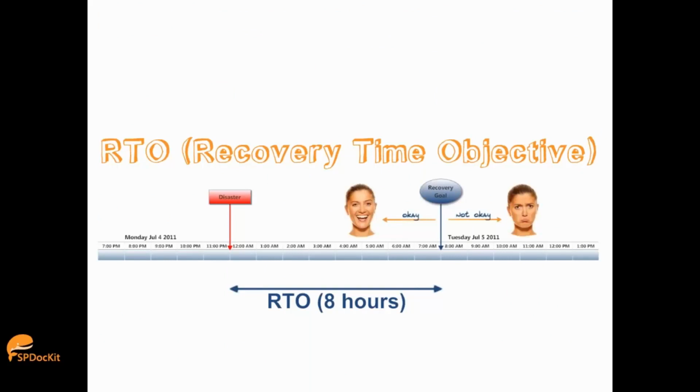But remember, these RPO and RTO values, if we think back to the strategy I talked about, are determined during the business impact analysis. And it's also in that phase where we've identified that every hour of downtime has a certain dollar value attached to it.